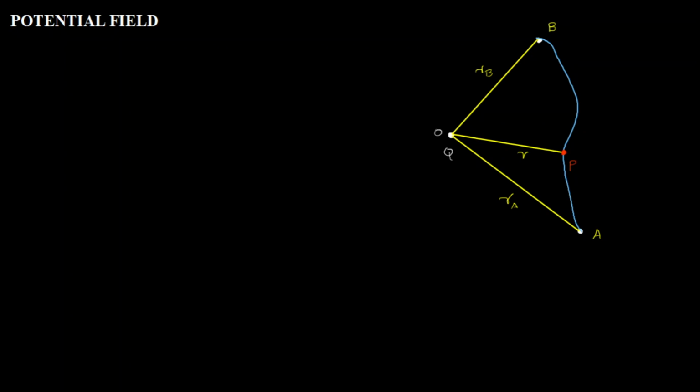Let me notate it as R. Now I am going to consider a point P which is at some distance R, and calculate the work done by me to move the unit positive charge from this point to another point on the same path which is at a smaller distance. If I can calculate that, I can calculate the total work done in moving from A to B. That is the idea.